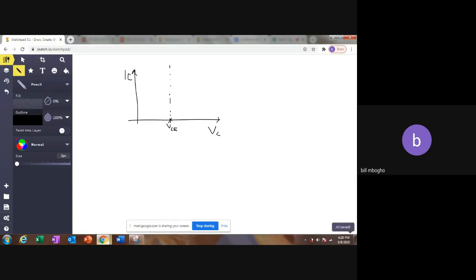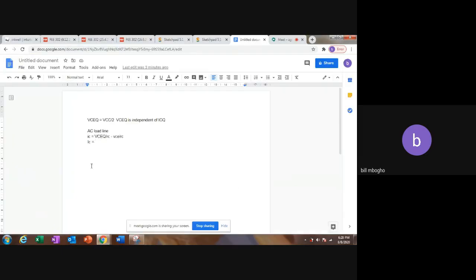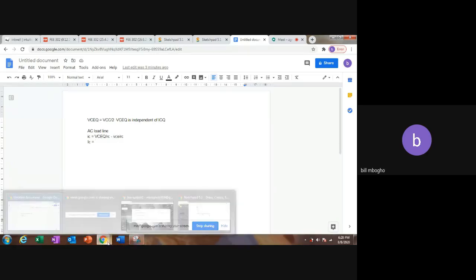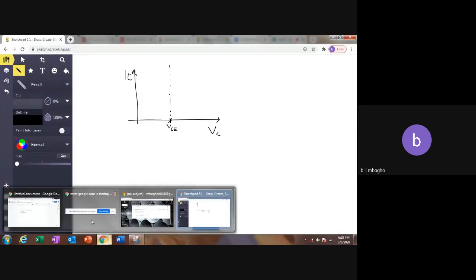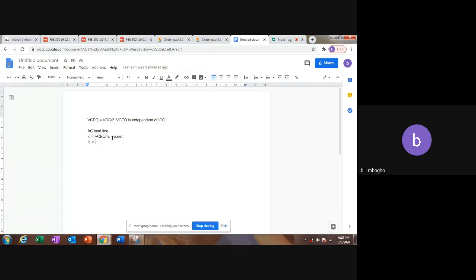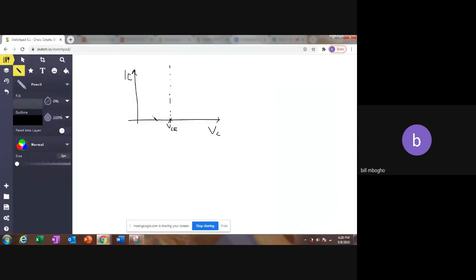The next point we can get is if we set VCE to 0, because setting VCE to 0 gives us a point on the IC axis. So if we set VCE to 0, we get that IC is VCC over 2RC, or RL, the load resistance. So that gives us a point here. And then you just connect the two lines. And this is the AC load line.